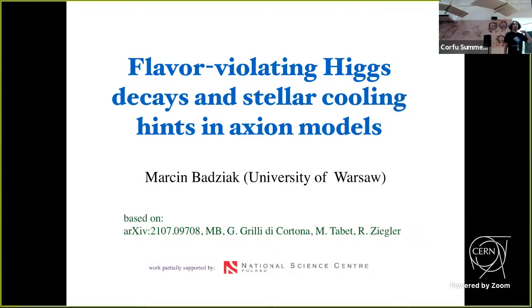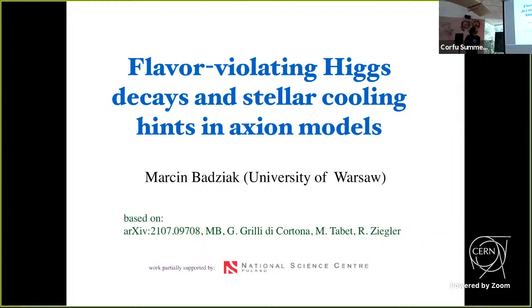So continuing on questions to Tanya, I will present an axion model, which in fact solves some other problems than dark matter, but also the strong CP problem.